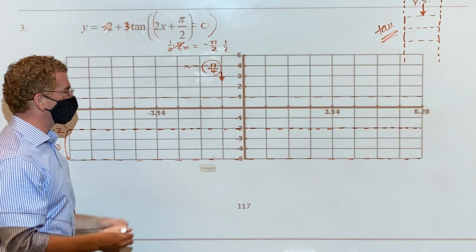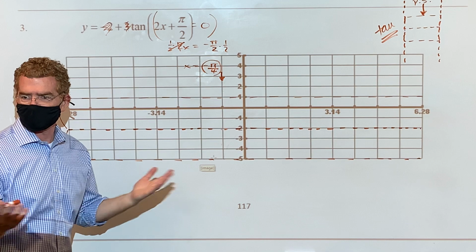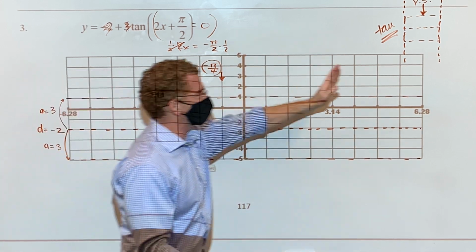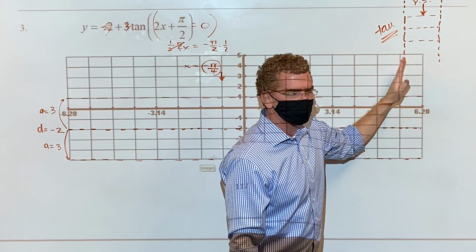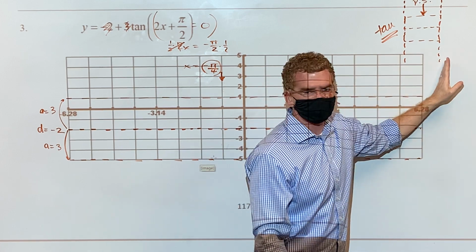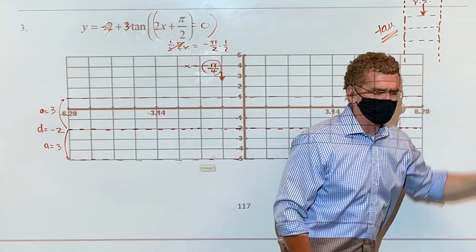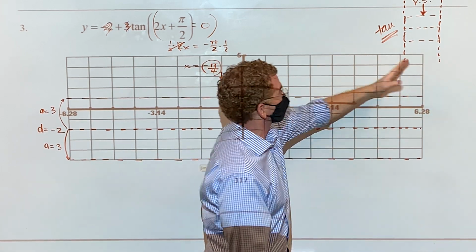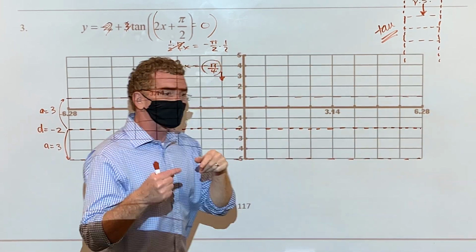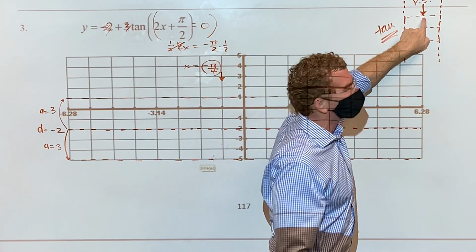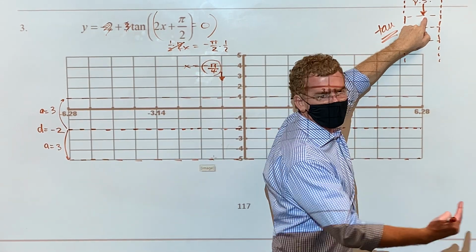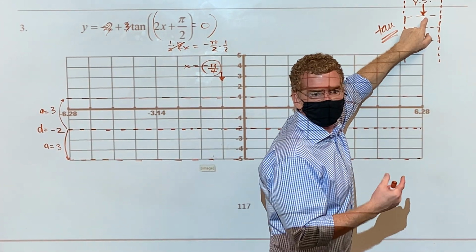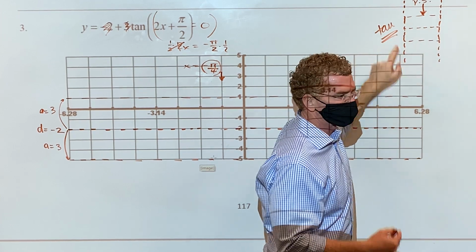And then the last thing I need is what? The period. Now normally I find the period, if you look up here, and I mark one period over to the right, and then another period over. And since I'm only graphing a couple of them, I usually call it quits. Or you could go one to the right, one to the left, or two to the left, doesn't matter. But if the phase shift is in the middle of the period, splitting it in halves, when I find that period, what do I have to do to find these asymptotes?